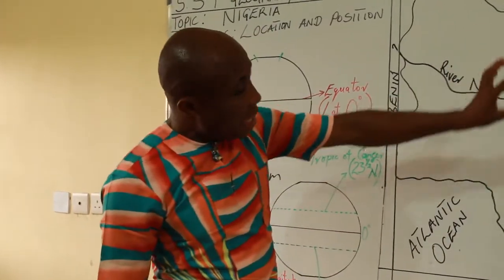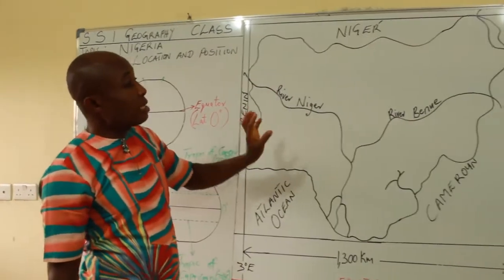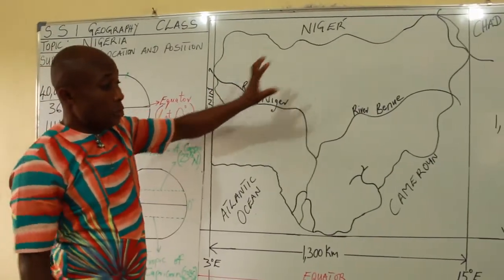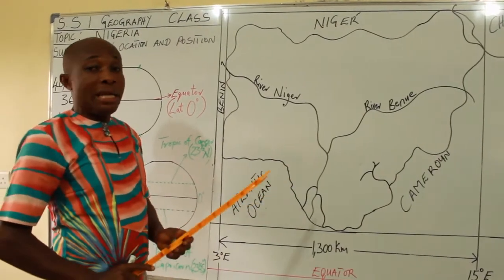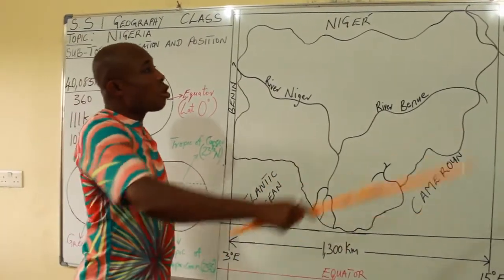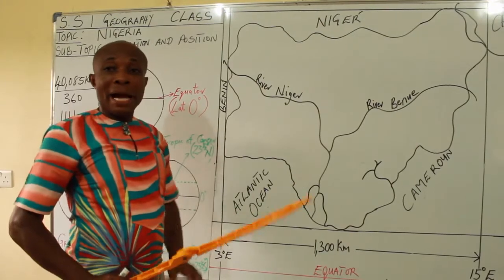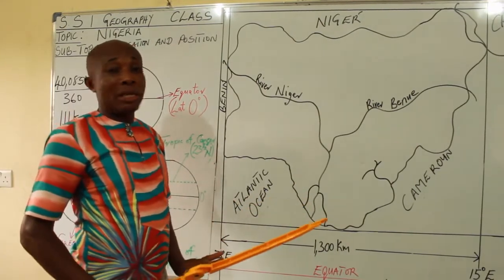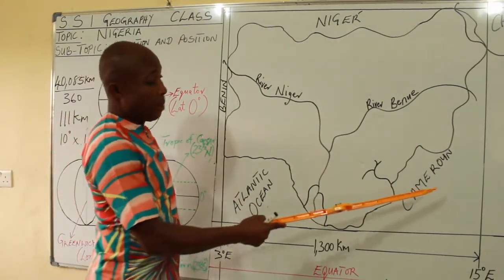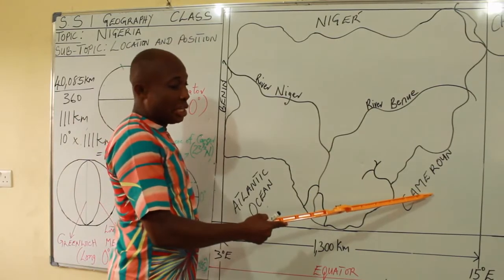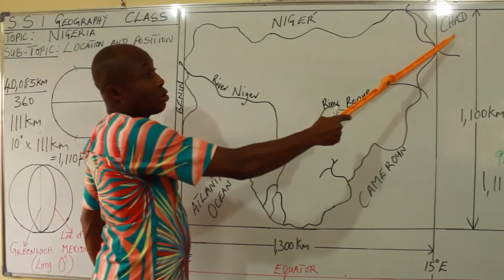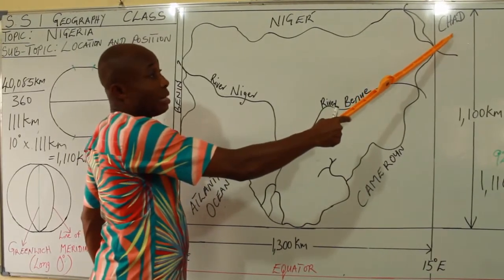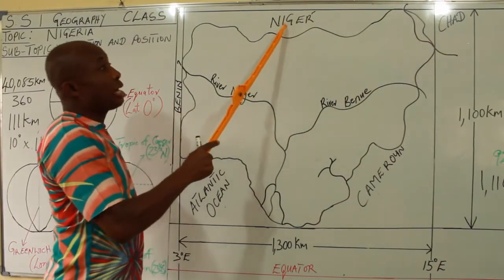And when you look at Nigeria, now that we have seen the position of Nigeria, one good thing is that Nigeria is surrounded by a unique country. If you look at Cameroon, at the eastern part of Nigeria, and you look at Chad, at the northeastern part of Nigeria, then Niger Republic.